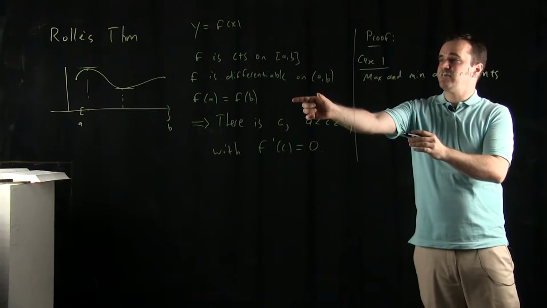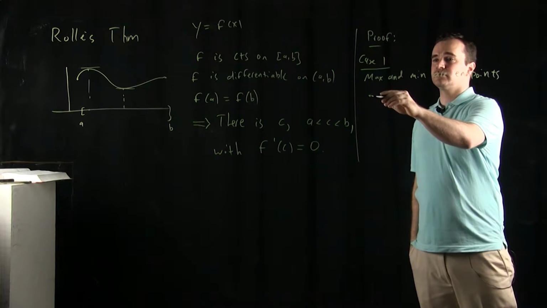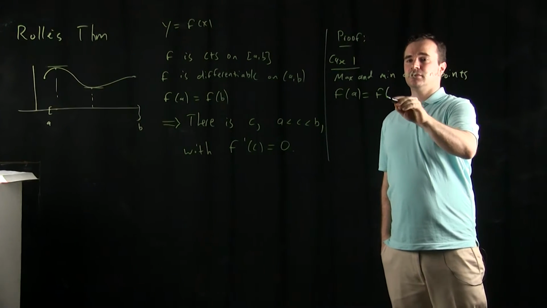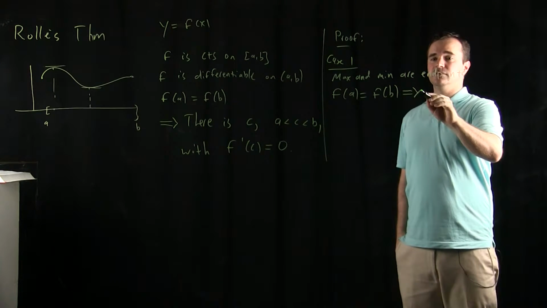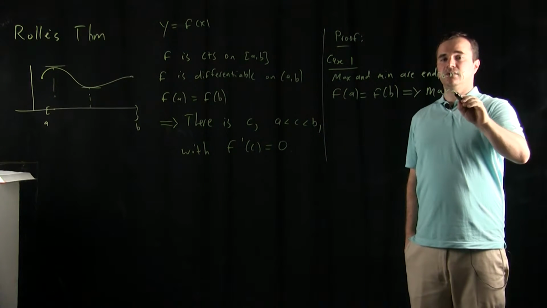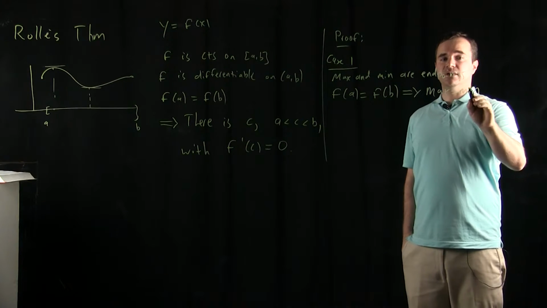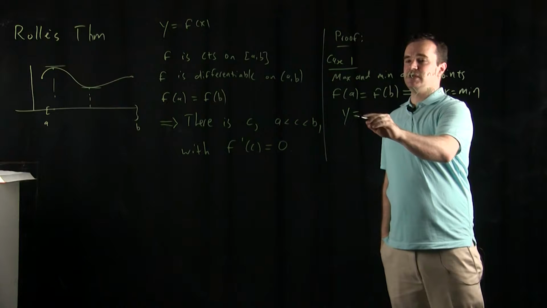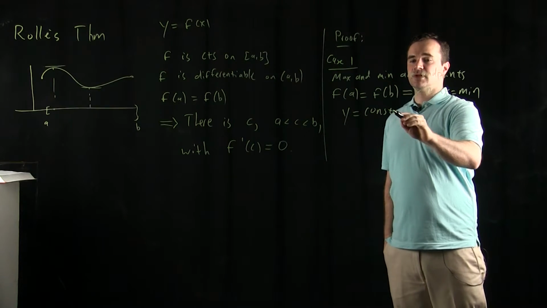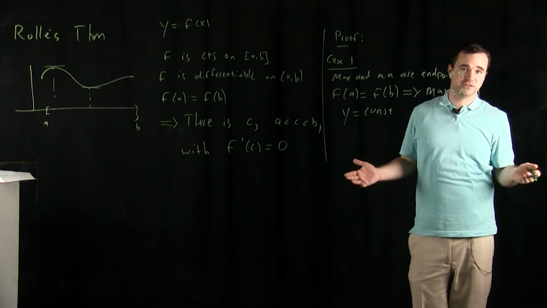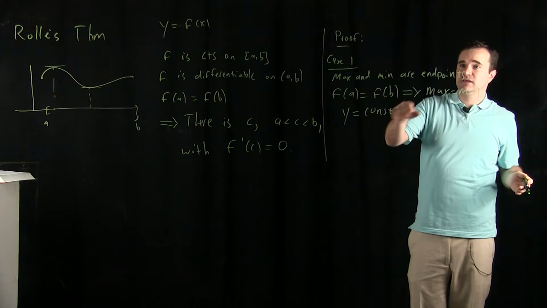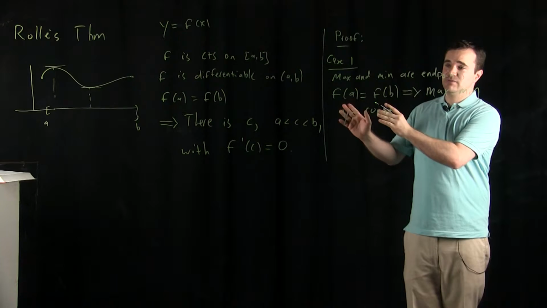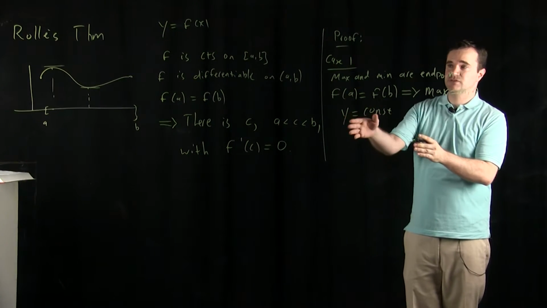Either way, because f of a and f of b are equal, that's telling you that the max must be equal to the min, which is telling you that your function y must be a constant function, and so its derivative is 0 at every single point. So in fact, in this first case, the derivative at every single point is equal to 0, not just 1 or 2 or 3.